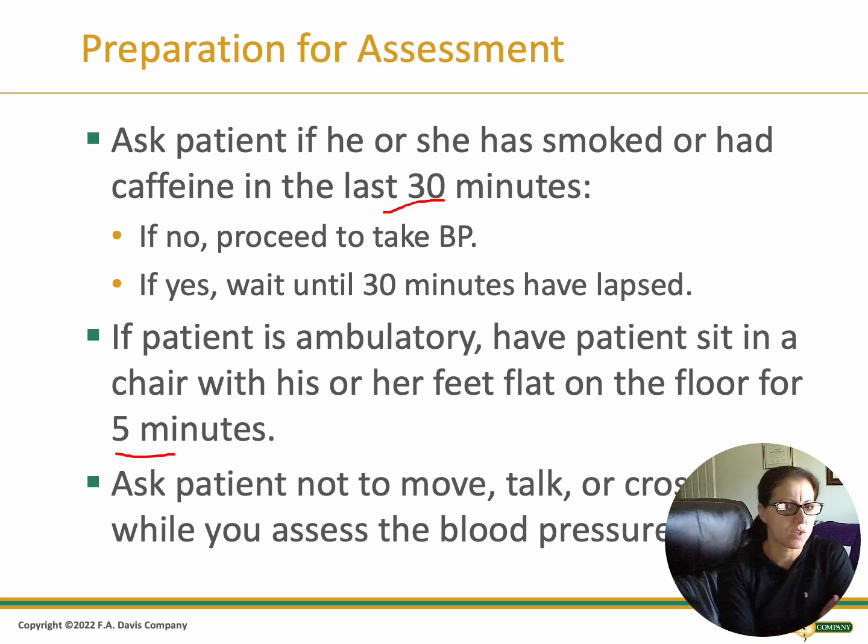Don't take their blood pressure within the first 5 minutes of meeting them. Get them relaxed, get them comfortable, have them sitting or laying, somewhat semi-Fowler's. Do your other assessments, talk to them, build a rapport, and then after that, feet flat on the ground, not crossed, not moving, not talking, little dim lights, and then assess their blood pressure.